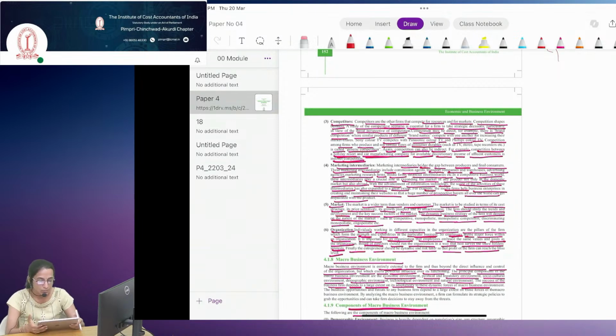Next is marketing intermediaries. Marketing intermediaries is simple. When we are bringing the product into the market, there are various middle people. Even when I am selling a car as Tata Motors, I will not directly sell the car to the consumer or the purchaser. There will be a showroom, right? In that showroom, my car will be presented, and that showroom person will sell the car.